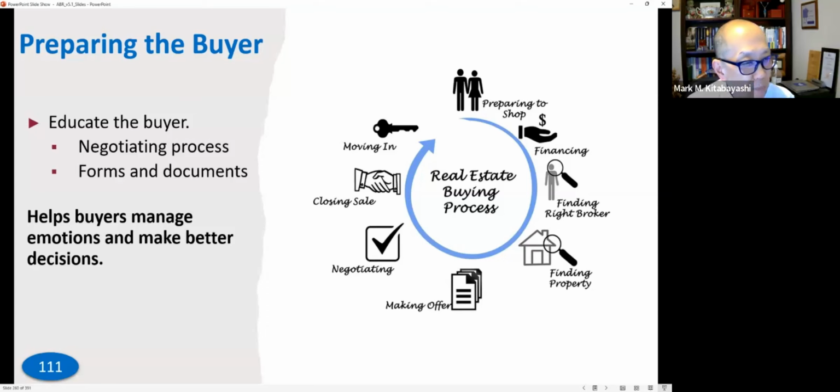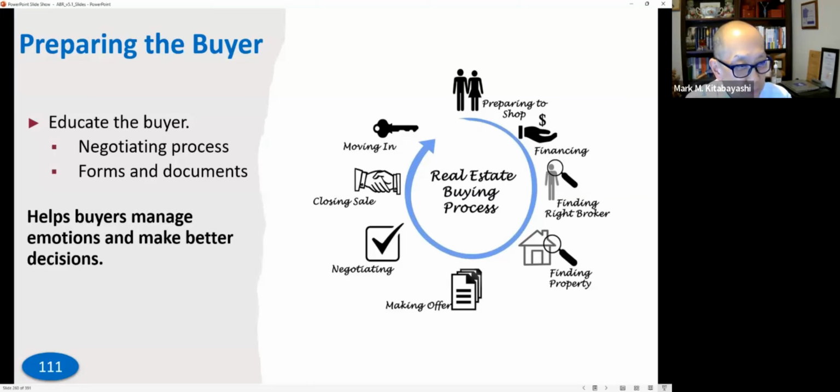And I always tell my buyer, you know what? You're buying a house. You're not buying a family with them. So you don't really need to know about them. It's a business decision. And ultimately, this is what I always tell my buyer: you need to figure out what is the maximum amount you're willing to pay for this house.